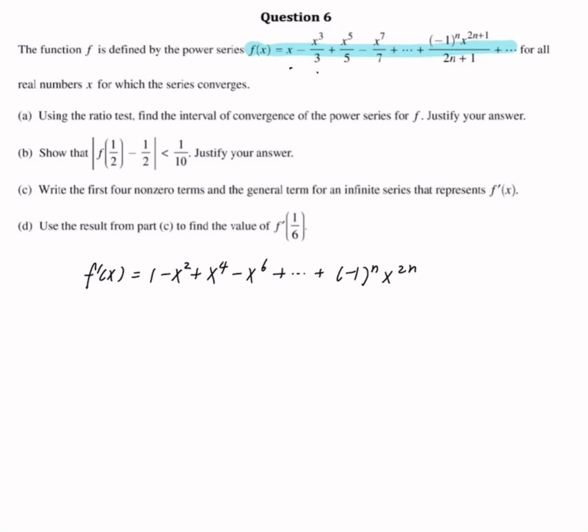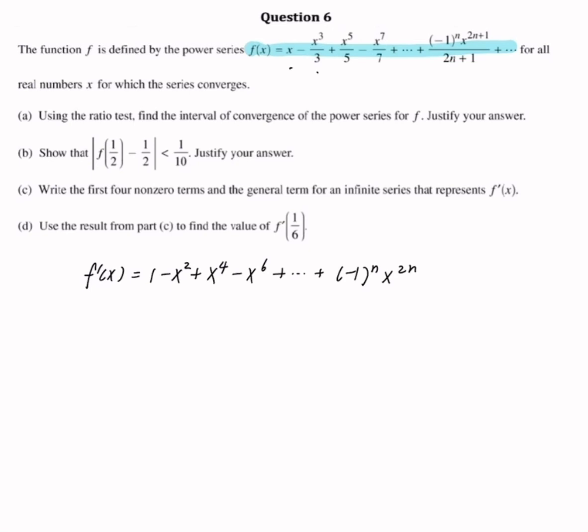For question D, we're asked to find out the value of f prime of 1/6. And from our result in question C, we get the equation, which is obviously a geometric series, and the common ratio is -x^2.